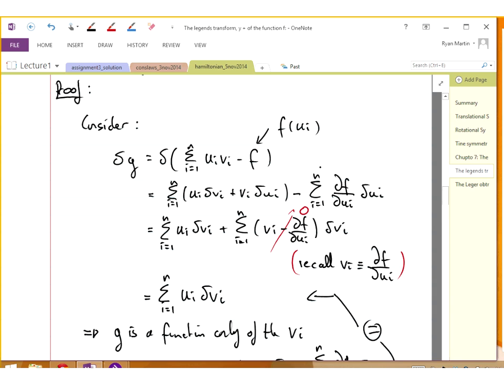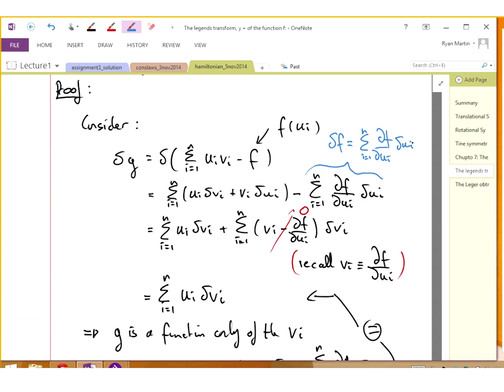Yeah, so that's because equation 7.3 is up here, right? So that's this part here. So here what I've done is delta F is equal to the sum from i equals 1 to n of ∂F/∂ui delta ui.